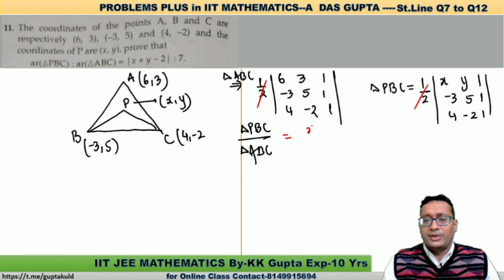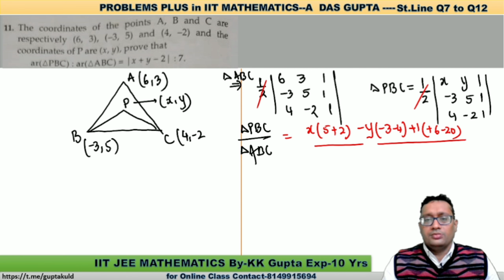Expanding the first row, x times (5 plus 2), minus y times (minus 3 minus 4), plus 1 times (6 minus 20), divided by, this will become mod. Okay, now area means mod. This 5 plus 2 becomes 7. This minus of minus 7, this is plus 1 and this becomes minus 14.